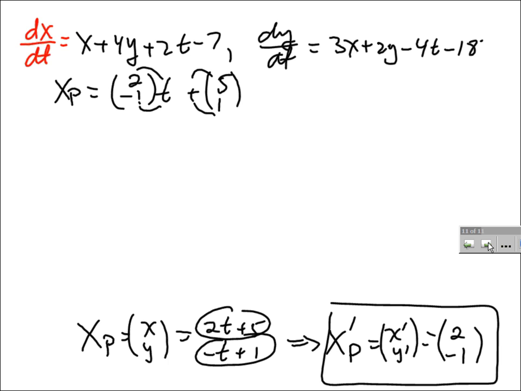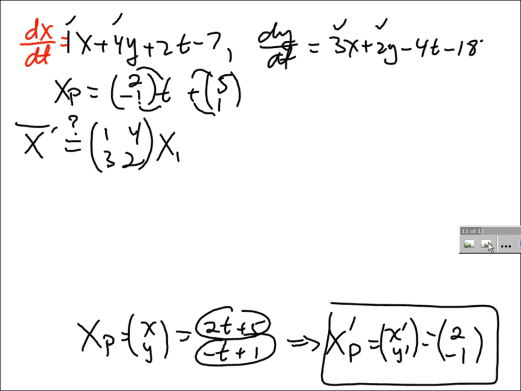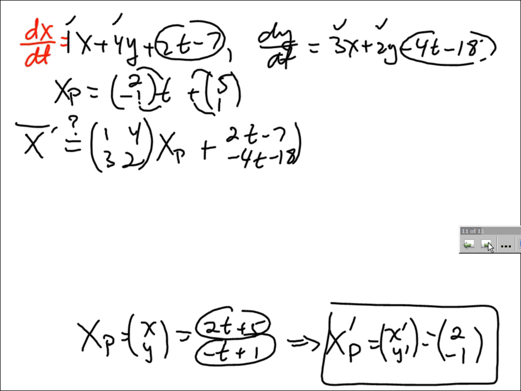Alright, so let's see if this is right. Now when we write this in matrix form, x bar prime is supposed to equal A, which is (1, 4; 3, 2), times x particular, plus the functions of t: 2t minus 7 and minus 4t minus 18.